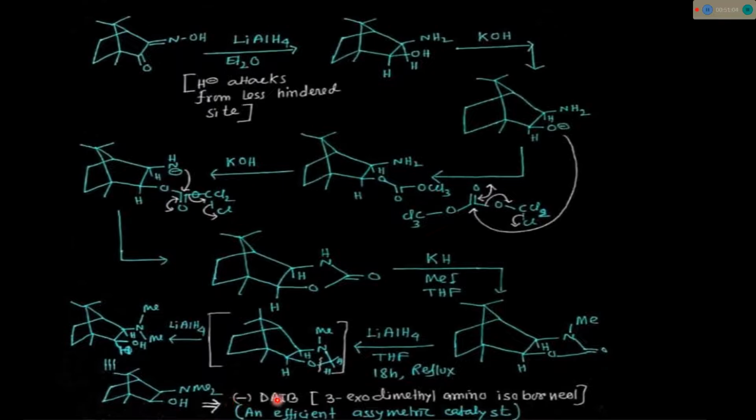This is (-)-DAIB. It is an efficient asymmetric catalyst in current days for the reduction of carbonyl compounds asymmetrically.